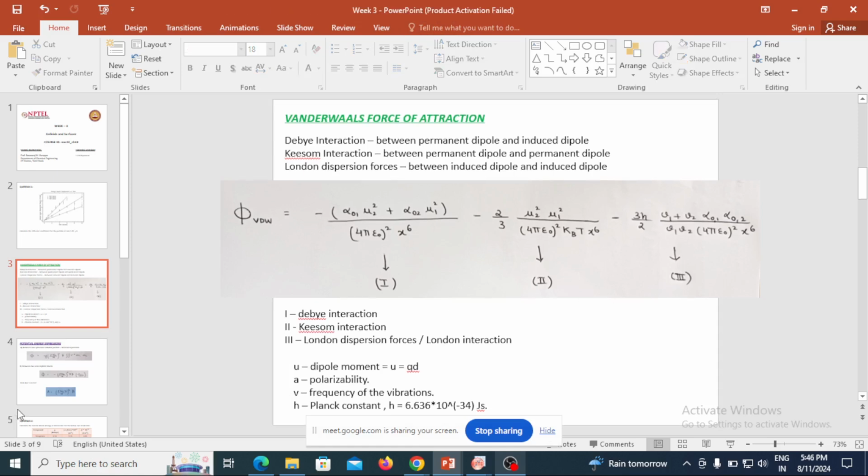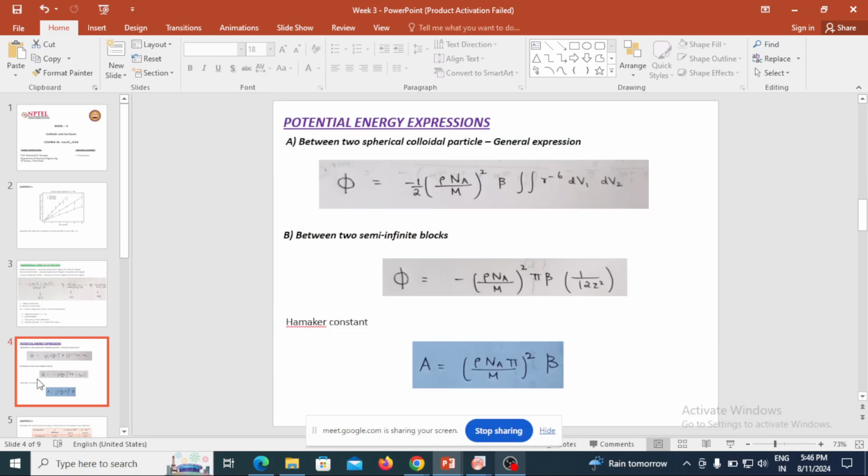So yes, let's move towards the next slide. What we have discussed so far is related to very microscopic entities, between 2 atoms or 2 colloidal particles, in the nanometer or micrometer ranges basically.